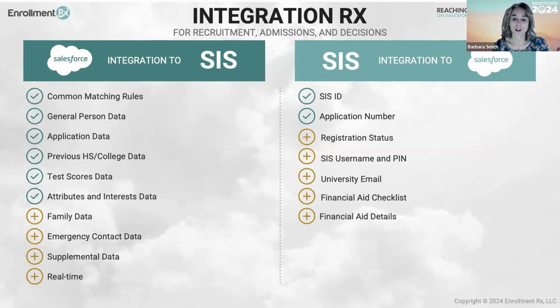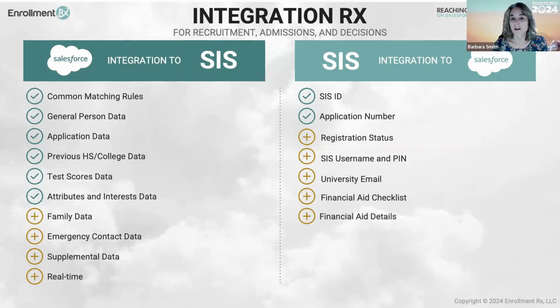Are they getting scholarships, loans, et cetera? We also can bring over checklist information. So if you have a portal and you want the applicant to see where they're at with that checklist, they may see your admissions checklist, you still need to submit a transcript, but they would also see, do they still need to complete a FAFSA or provide W-2s, et cetera? That kind of data would be there as well.